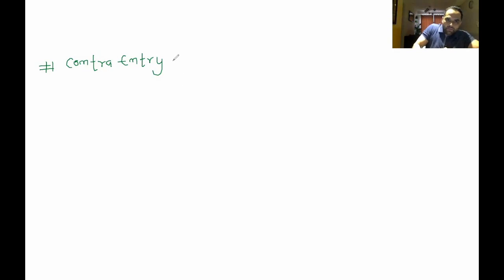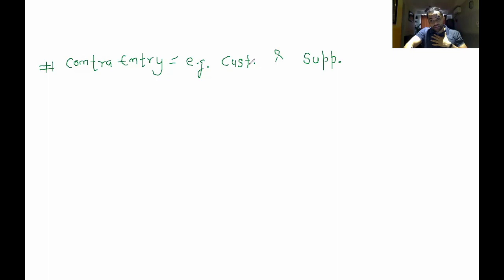So let me give you the best example for contra entry. Let's say we have a customer, and the same customer is also a supplier. That customer buys our product and also supplies our product. So we purchase raw material from this supplier on credit, $90.